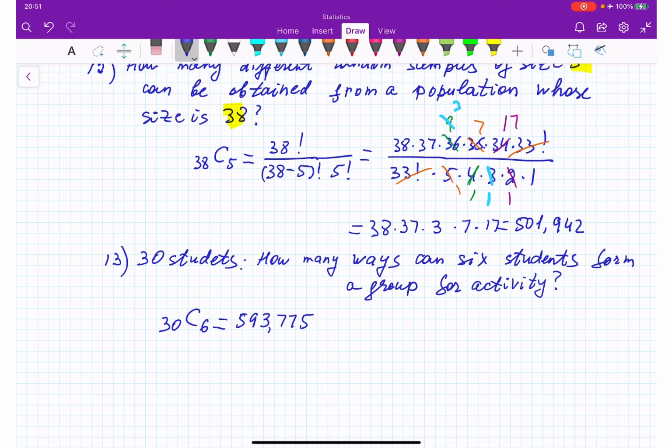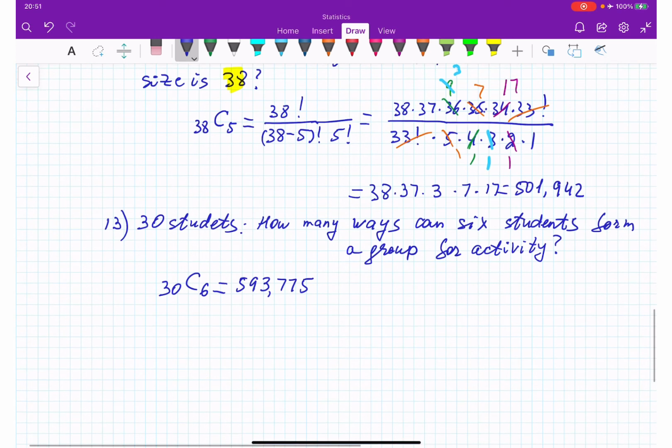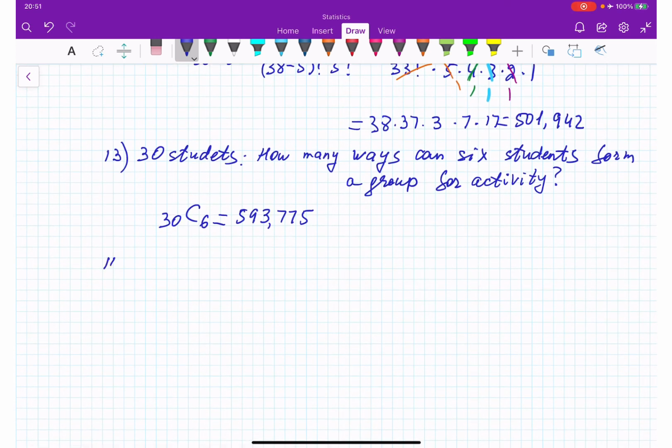Okay. Question number 14. A certain lottery has 38 numbers.